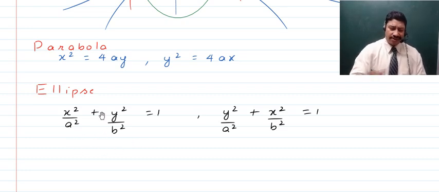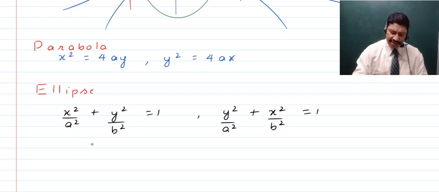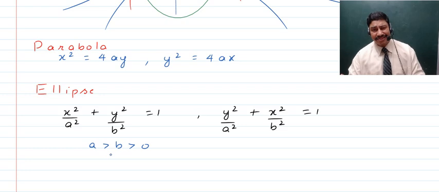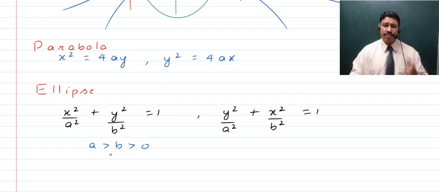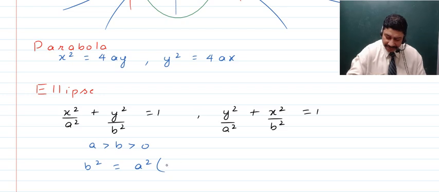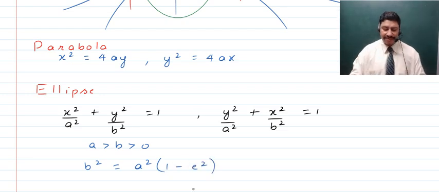So here children, remember that the value of a is greater than b and b is greater than 0, or in other words we can say that a and b both are greater than 0 but a is greater than b, and there is a relation with the help of which you can get from a the value of b, and that is b square is equal to a square times 1 minus e square, right? So this is the relation with the help of which you can get the value of b from the value of a and the eccentricity, right?